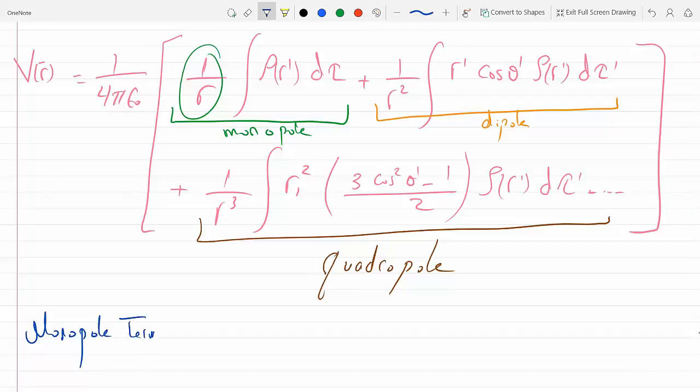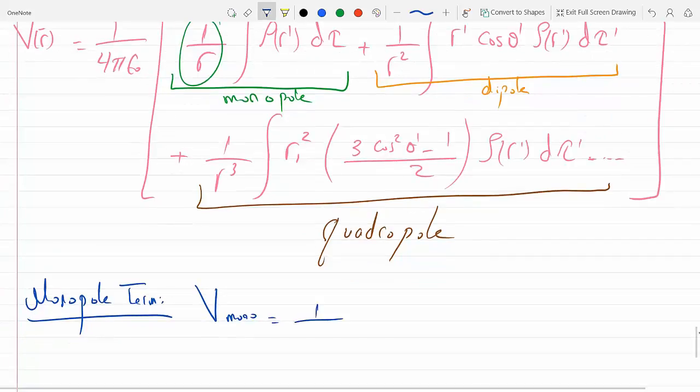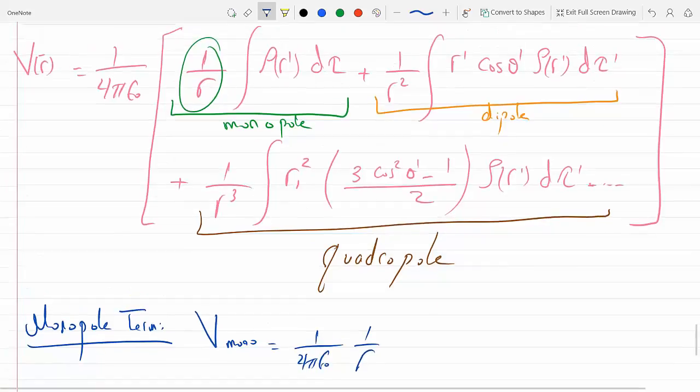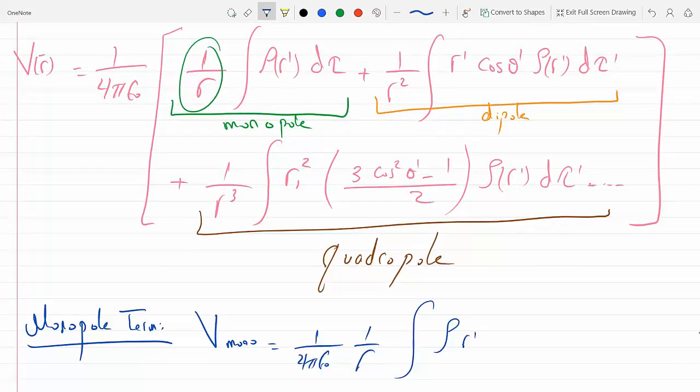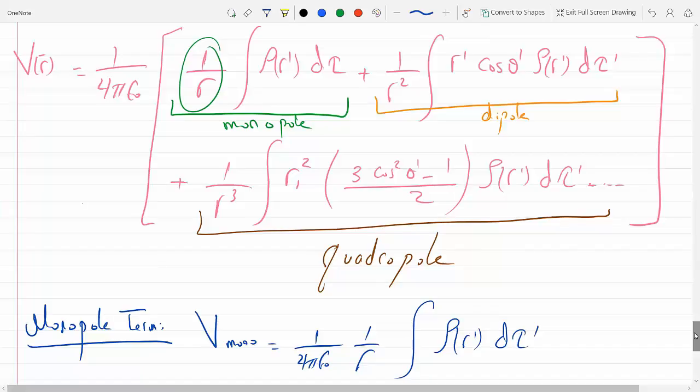V mono will be 1 over 4 pi epsilon, 1 over r, integral of rho r prime d tau prime. And we have rho, so we can just plug it in.